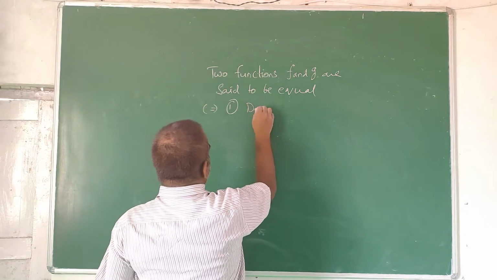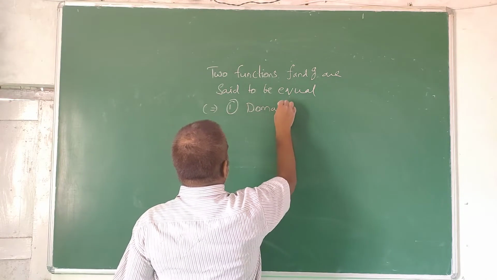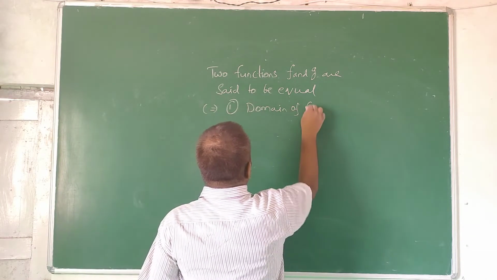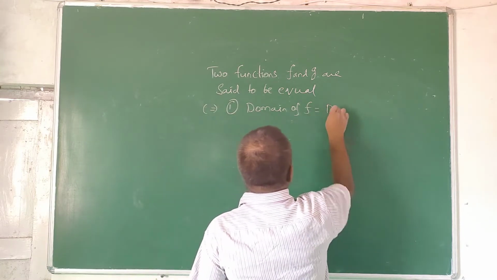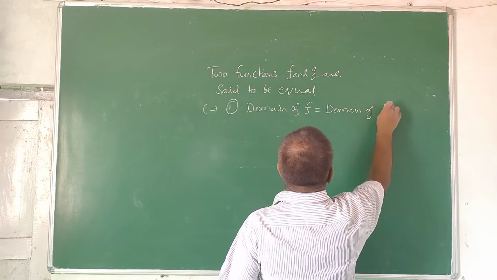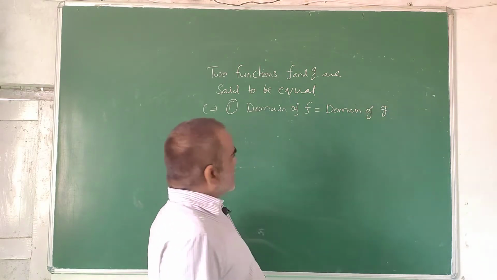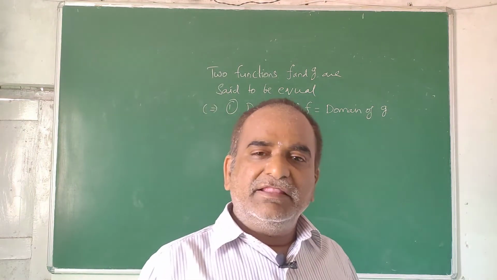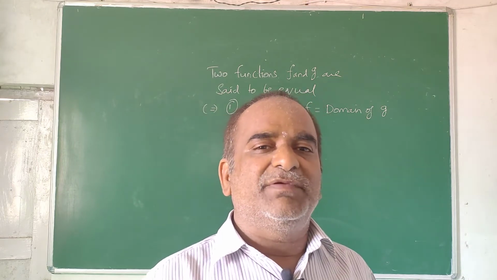So, domain of f should be equal to domain of g. And their codomains also should be equal.